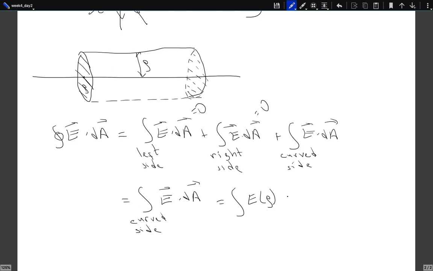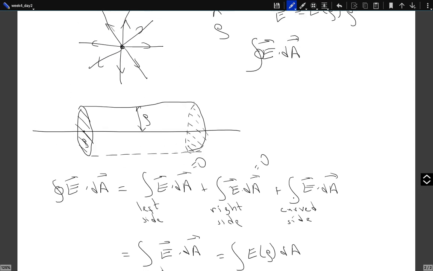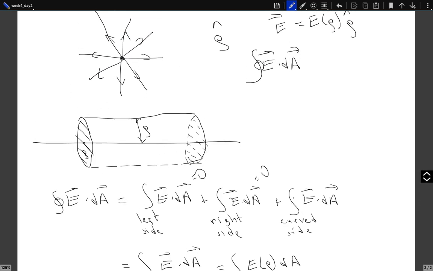Then the magnitude of the area, which is dA, times the angle between the two. The angle between the electric field and the area vector. Well, you see, when we are evaluating the integral, what we do is we first take a patch. We imagine a very small patch on the surface. At that point, what is the direction of the electric field? It's upward, away from the wire.